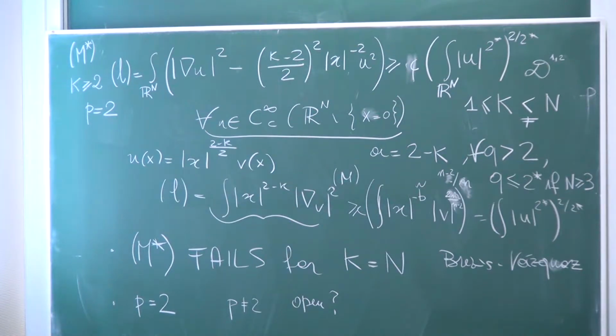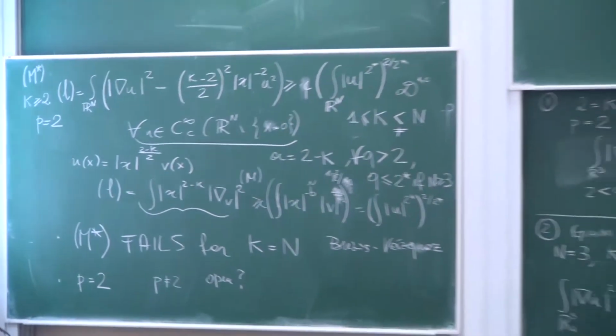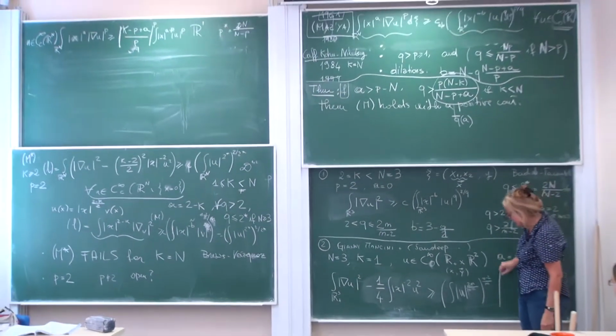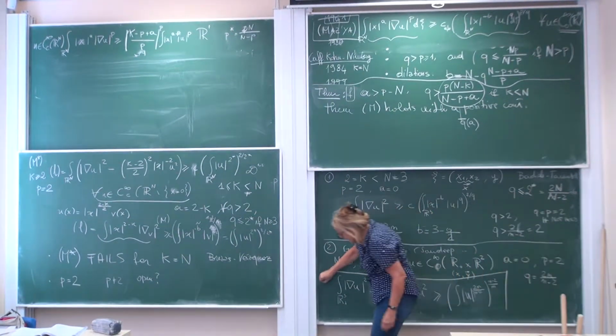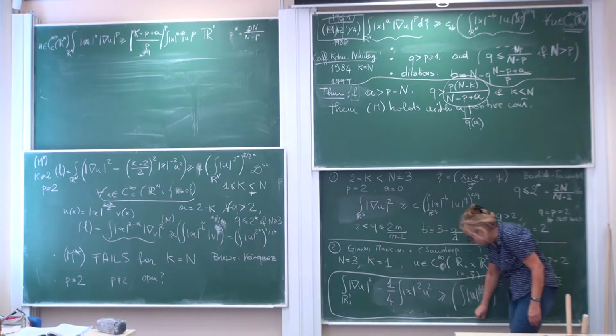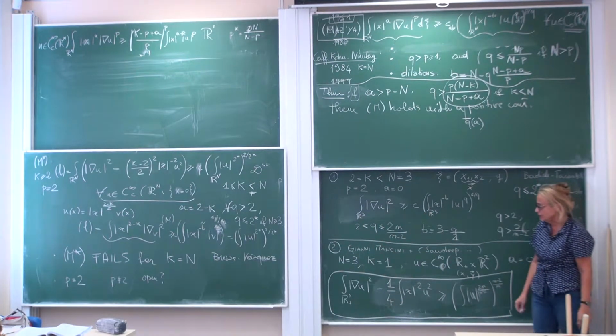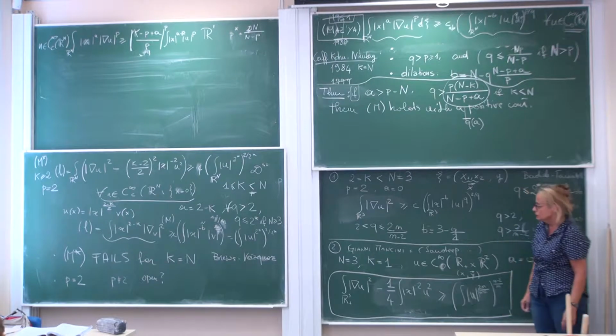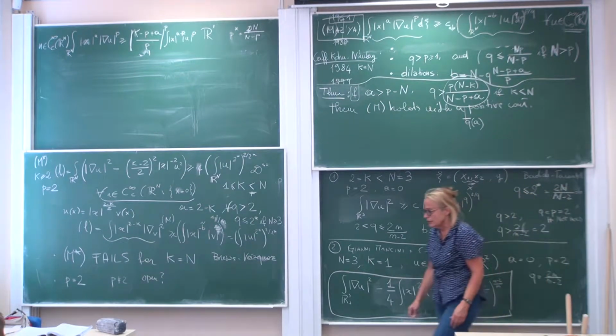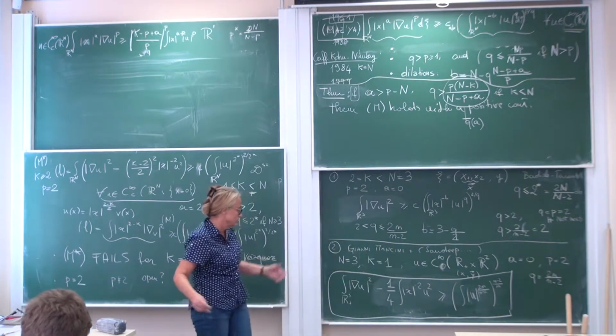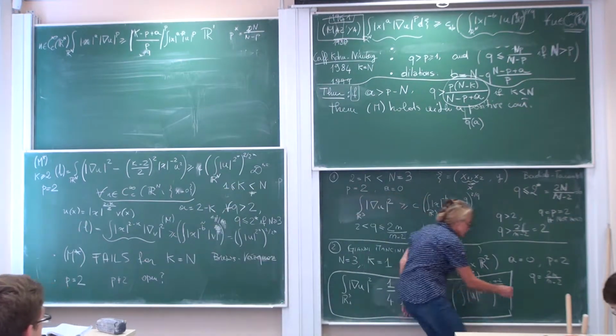That includes the Gianni, Mancini, Sandeep and Citra inequality I wrote here. And what they observed is that this inequality is related to the Sobolev inequality. Actually, it is equivalent to the Sobolev inequality in the three-dimensional hyperbolic ball, if somebody is interested.